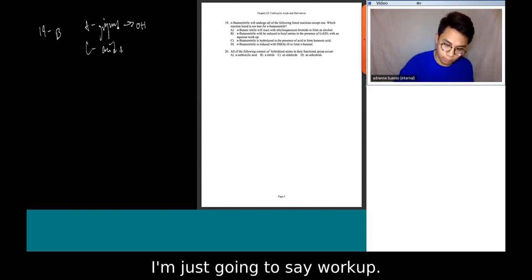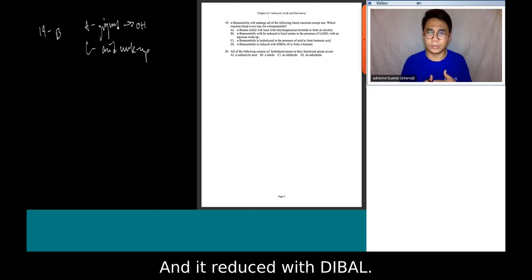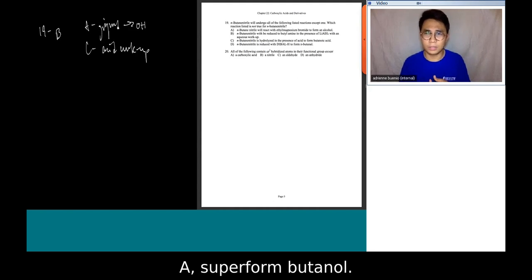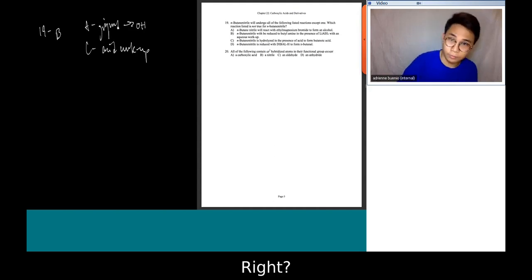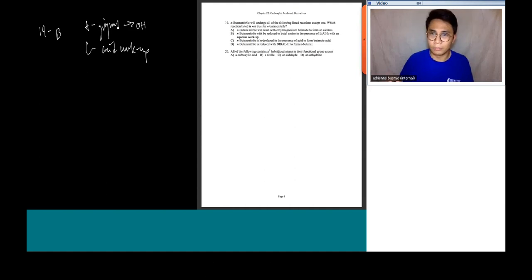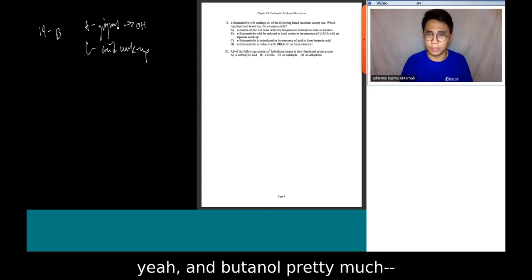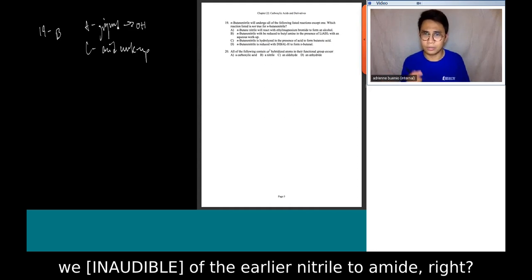So acid workup, I'm just gonna say workup. And it reduced with phenol H to perform butanol, right? Which makes sense. And butanol, we kind of saw that earlier, nitrile to amide, right?